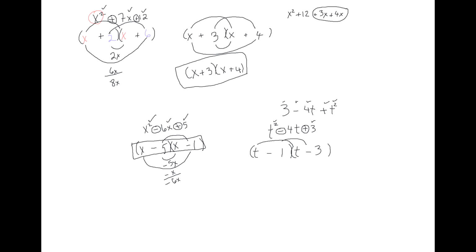And then we check our middles, minus t and minus 3t. That's minus 4t. So this is our answer here, t minus 1 times t minus 3.